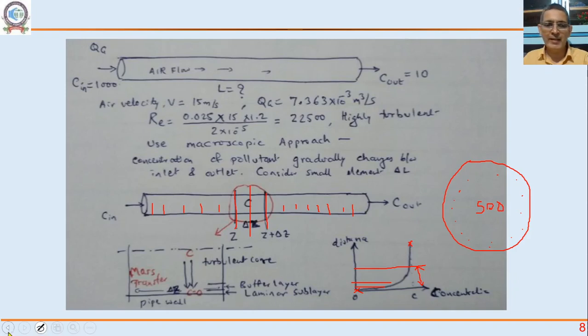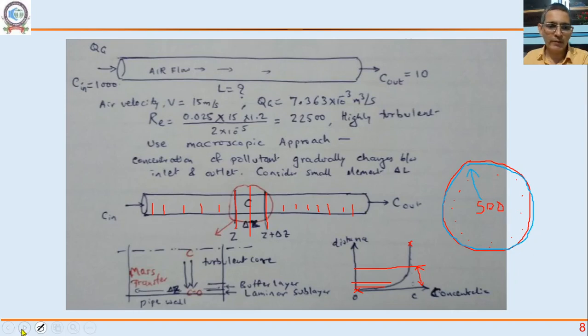At the wall of the pipe, concentration is 0. So there is a driving force for mass transfer.